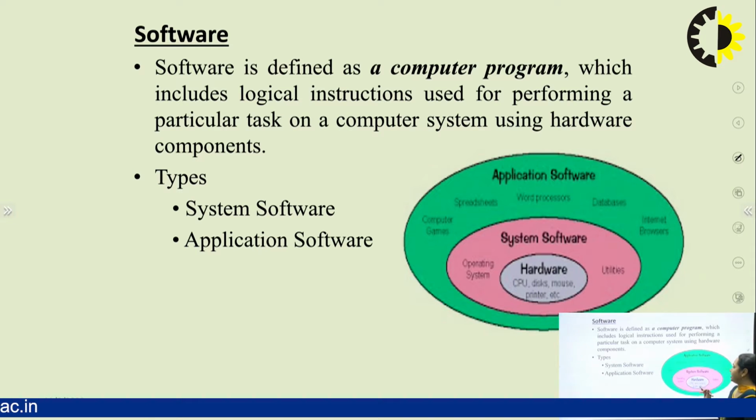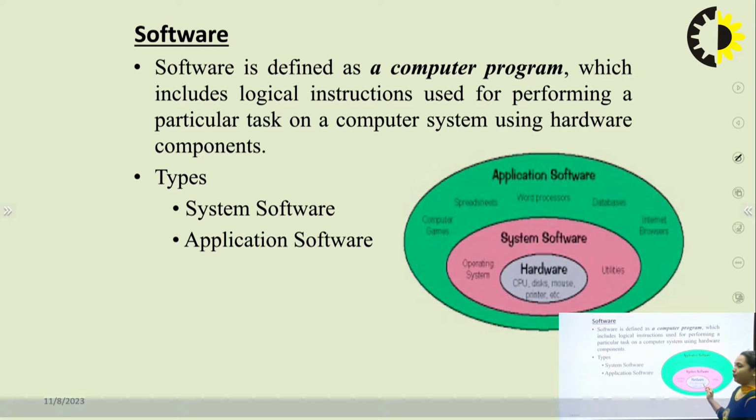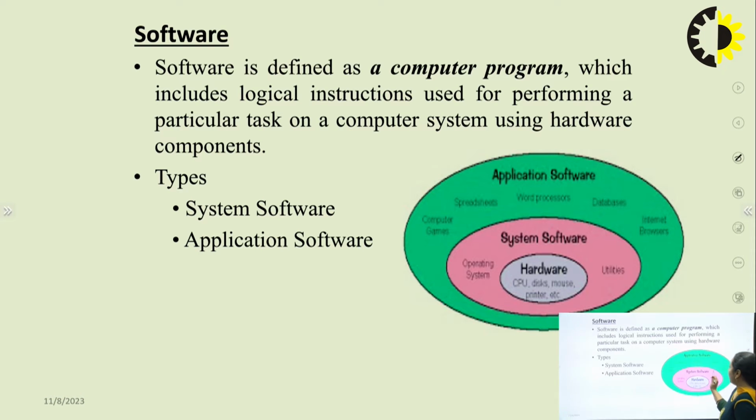Within the diagram, we can see that we have hardware inside the system. After that, the hardware is covered with the system software, and the upper layer is the application software. So we have three different components: hardware, system software and application software.